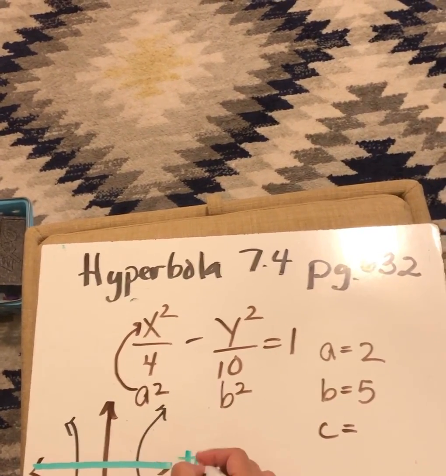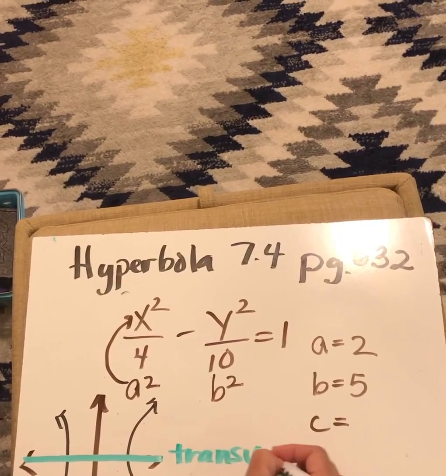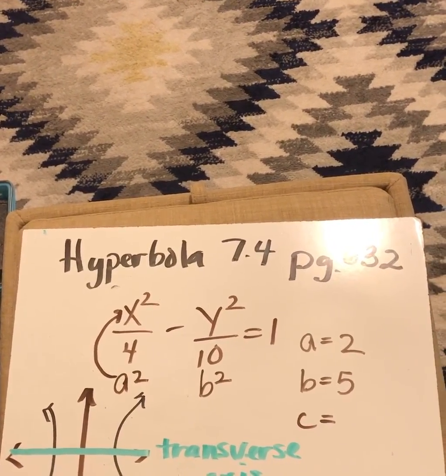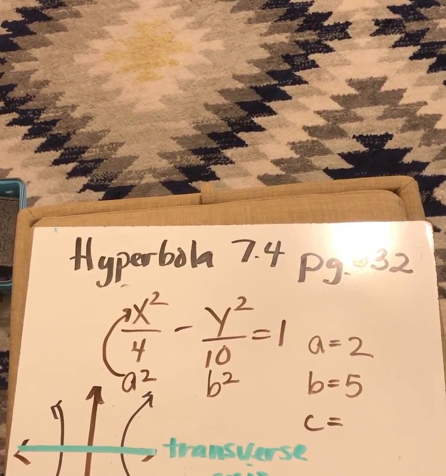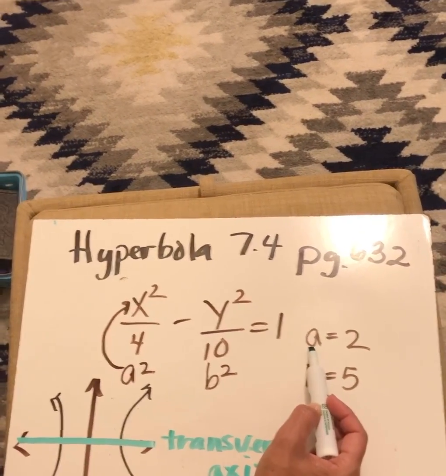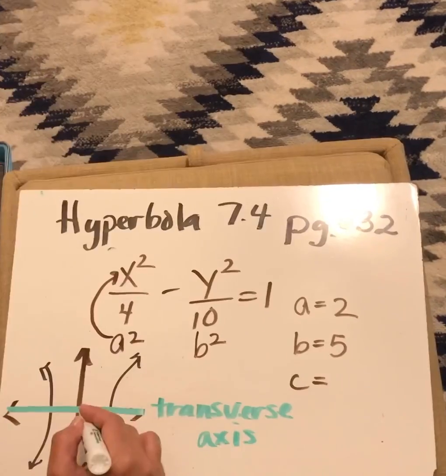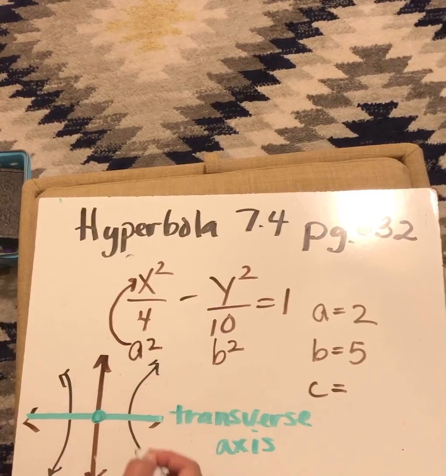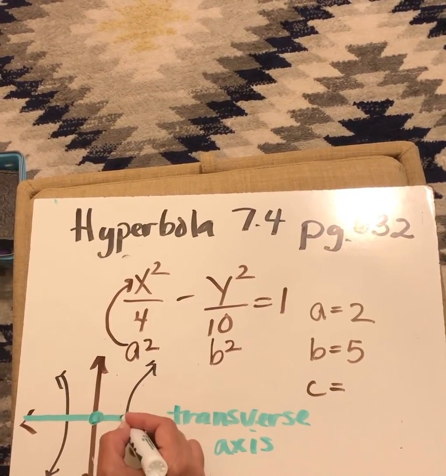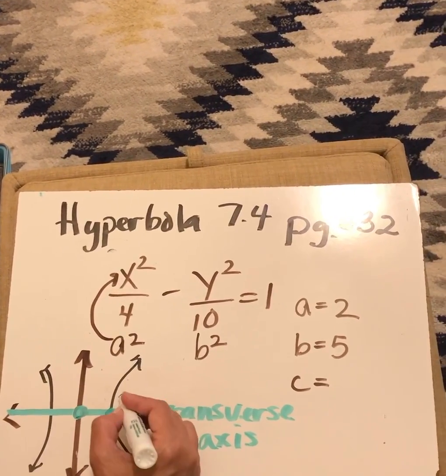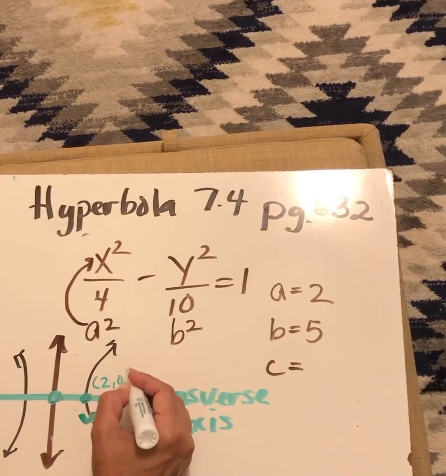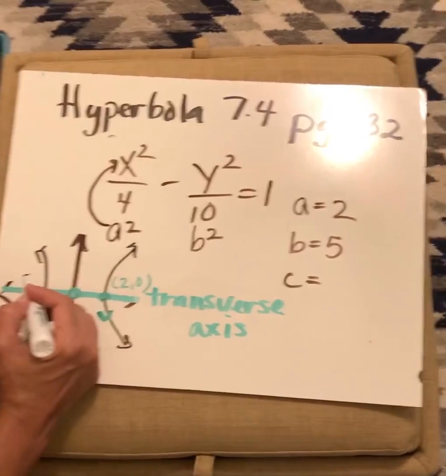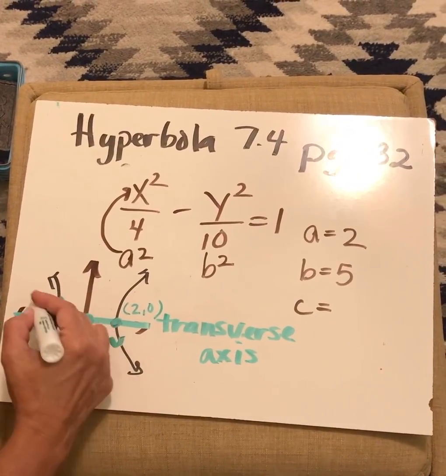So this is the transverse axis, and this is where the vertices and the foci are located. Again, a is the distance from the center. So these are going to have a center at 0, 0, from the center to a point that's actually on one of the branches. So right here, this is one of your vertices, and it would be located at 2, 0. The other vertex is located over here at negative 2, 0.